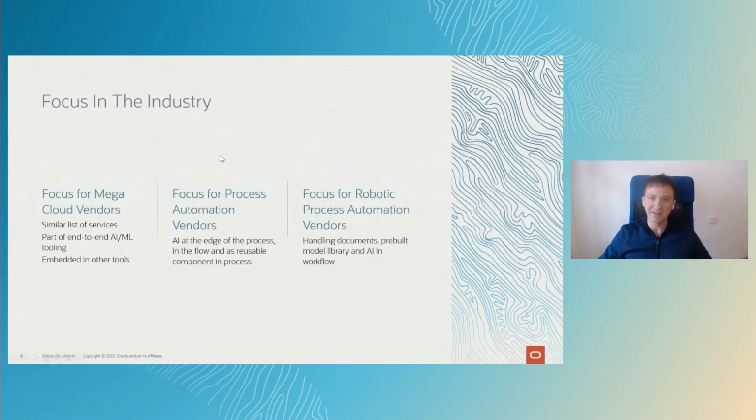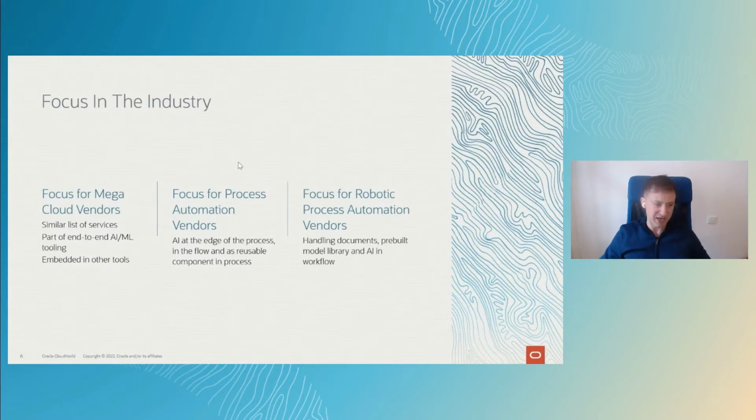So this is an introduction from both of these angles, from the AI services side and integration process automation. A few words on the focus in the industry on AI services. There is a high focus in several categories of vendors. Oracle participates as well here.